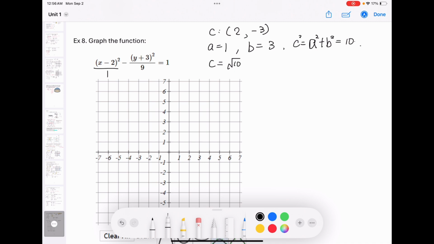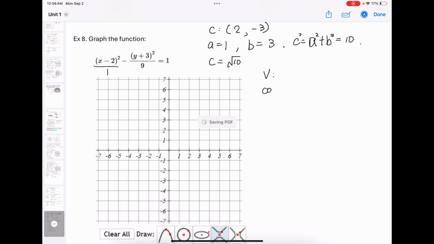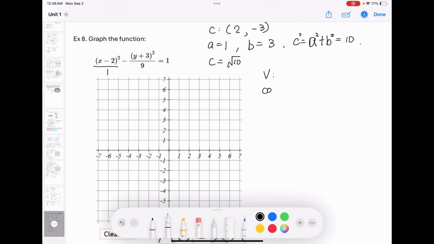We had a lot of information. We can find our vertices, co-vertices, and the foci. What else? Asymptotes. So let's find the vertices first.